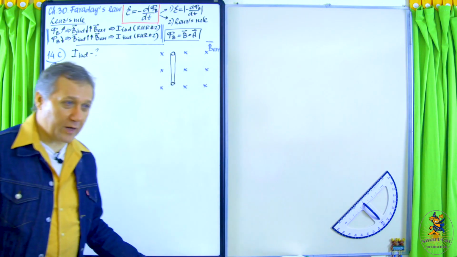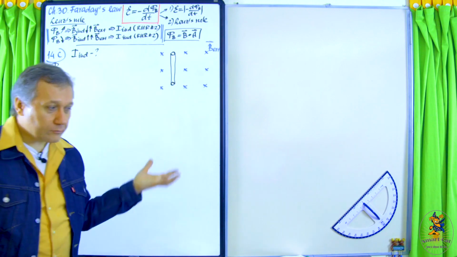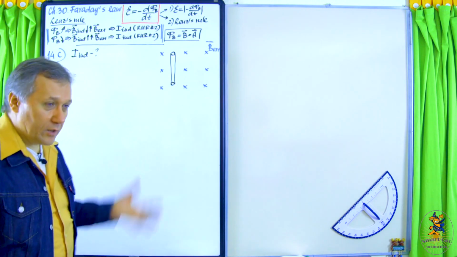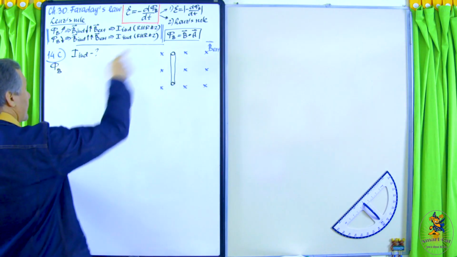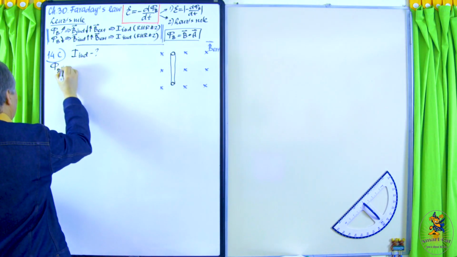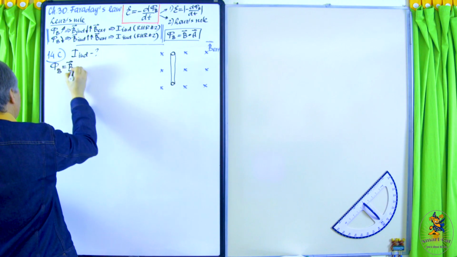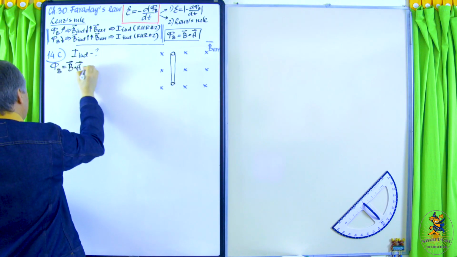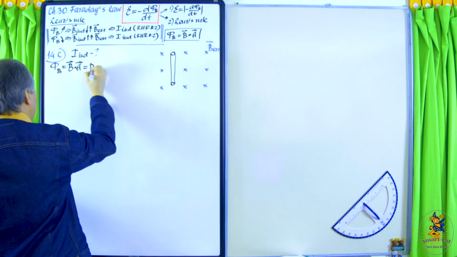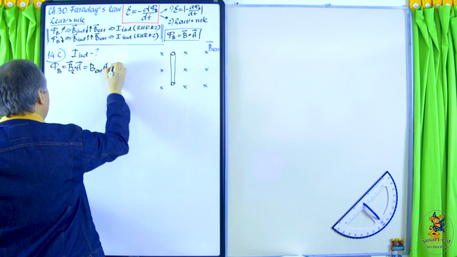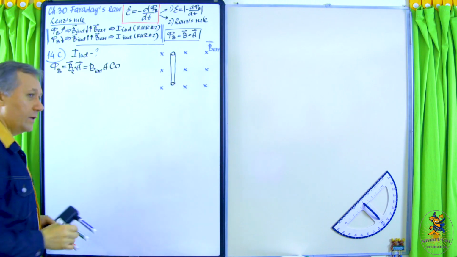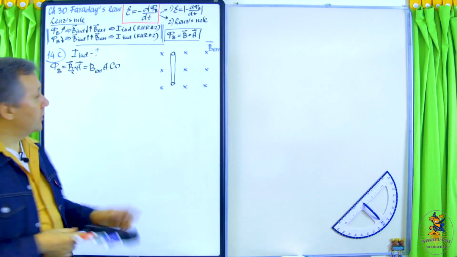So that's the conceptual explanation of why magnetic flux is 0. But now let's show it mathematically. From the definition, magnetic flux is a dot product between B and A. If you write it explicitly, it's B external times area times cosine of the angle.